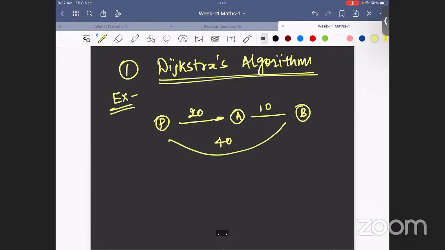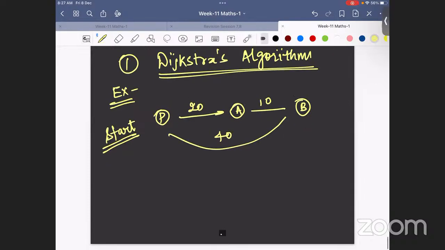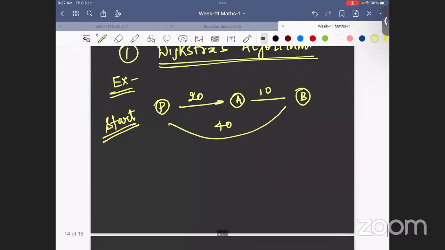So if you have to start from here, in the Dijkstra algorithm, one thing you have to do: whatever the cost d of u has been given to you, plus you have to add the cost of the edge, and if this is less than d of v, then you can update the value of d of v.